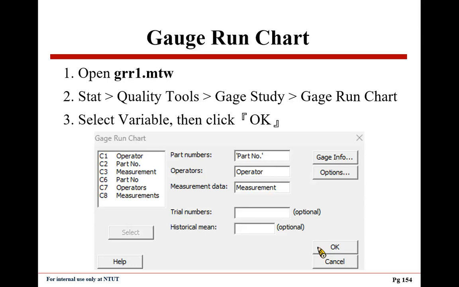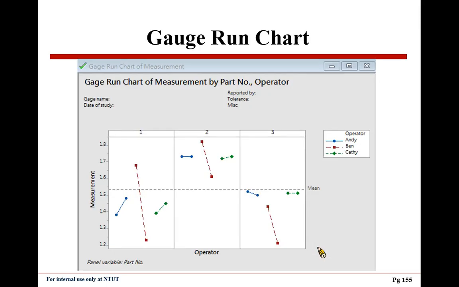Okay, first we will introduce gauge run chart. Also, we use the gauge GR1, and we follow this path. We stack the variables, then we can see the run chart, something like that. In these figures, there are part 1, part 2, part 3, and 3 operators measuring.